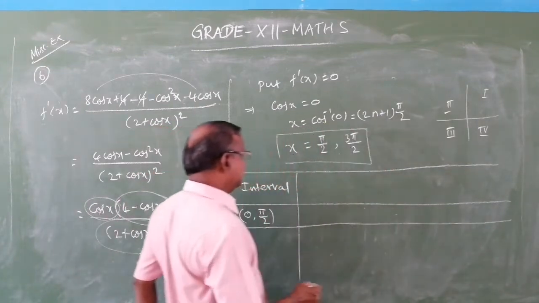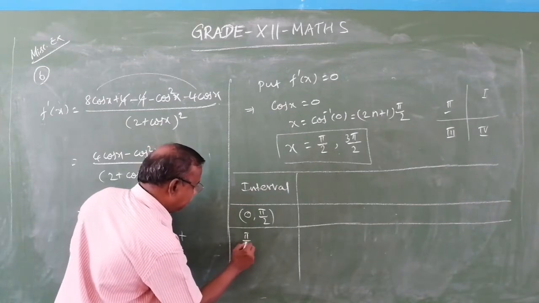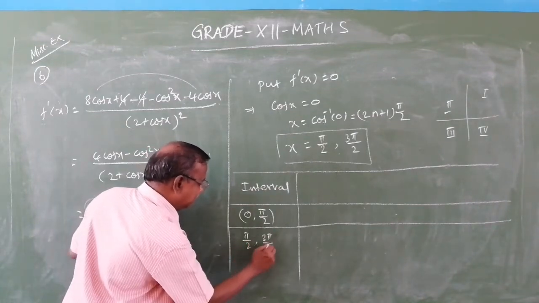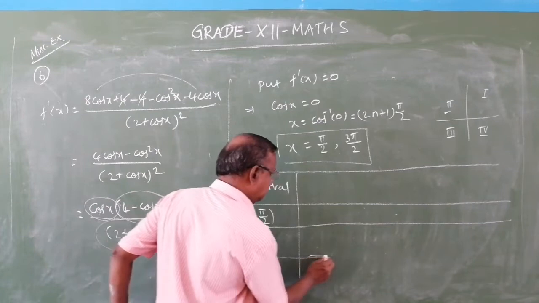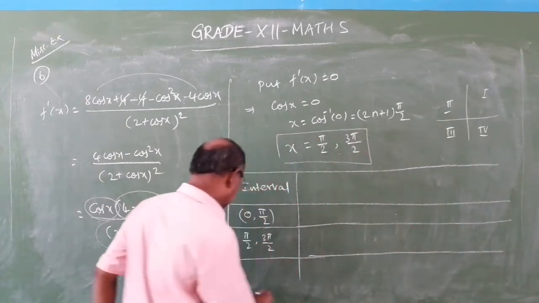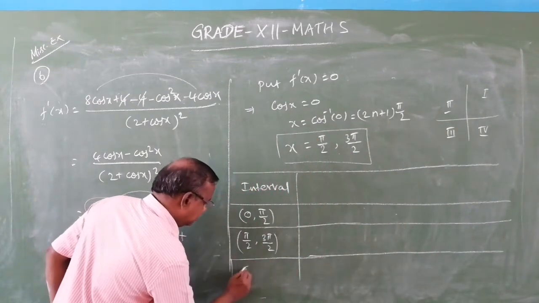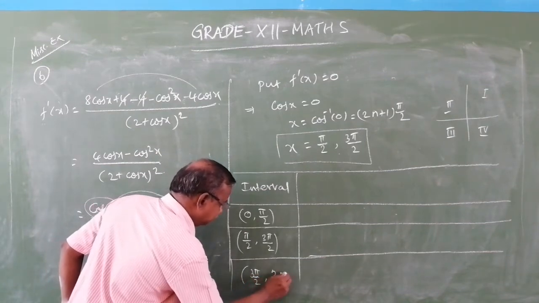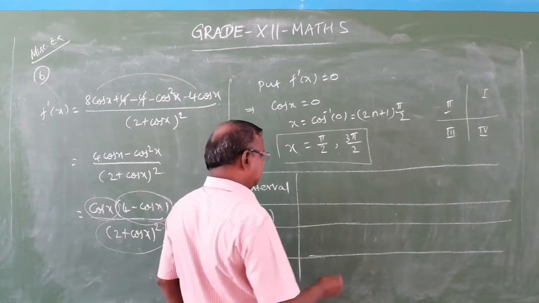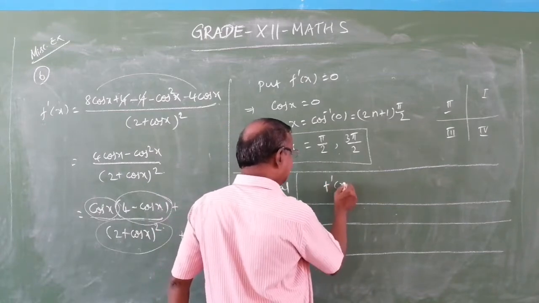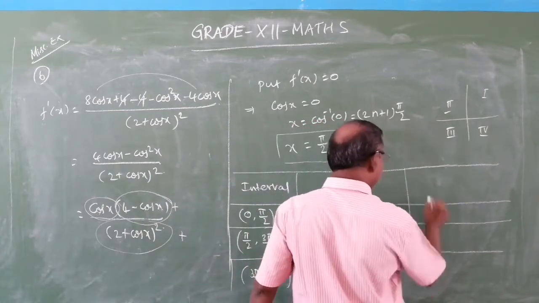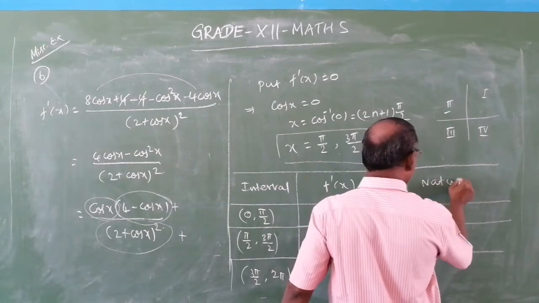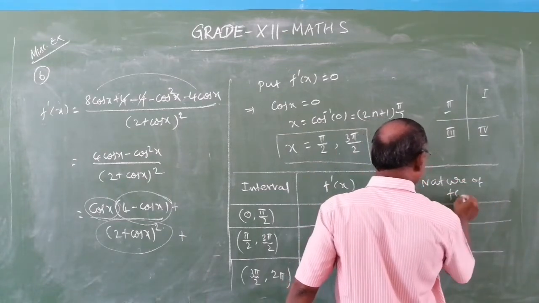The next one is pi by 2 to 3 pi by 2, and the last one is 3 pi by 2 to 2 pi. Then the sign of f dash of x, and the nature of f of x.